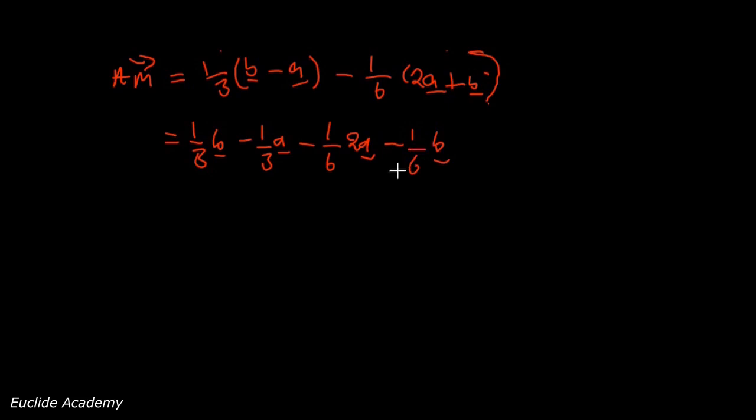Then we're going to get the like terms together. That means put like terms together. So I'll get the a's here: negative 1 over 3 a minus 1 over 6 times 2a, then negative 1 over 6 b, and then positive 1 over 3 b.